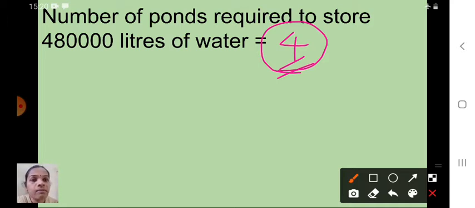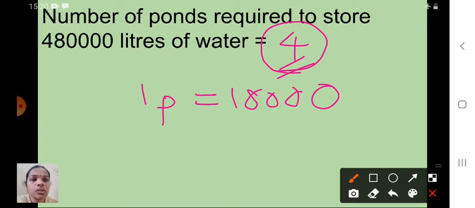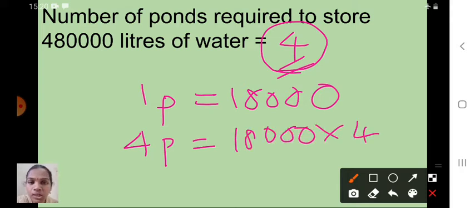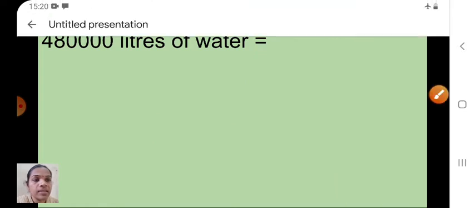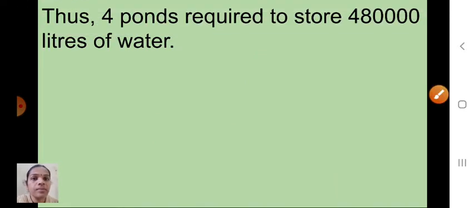Like that, the cost of 1 pond is 18,000. So how much expense will be there to make 4 ponds? We have to find. For that, 18,000 into 4. Isn't it, children? See, next slide I have. So here this is the answer.